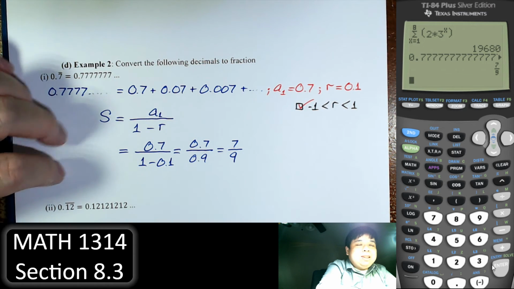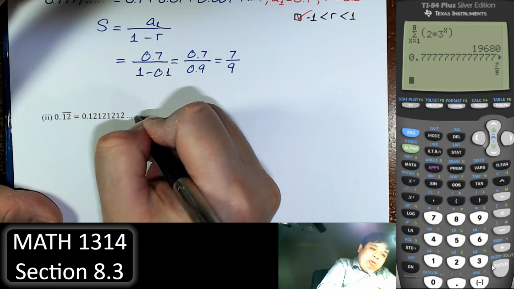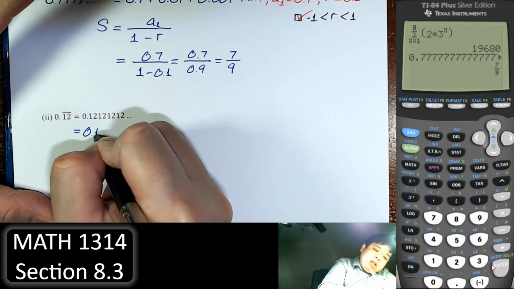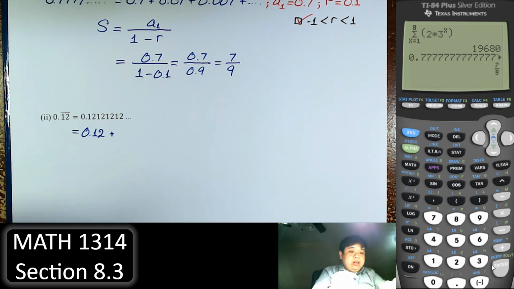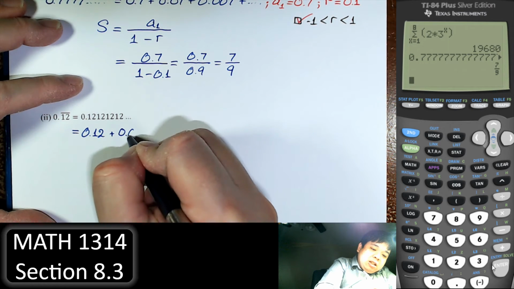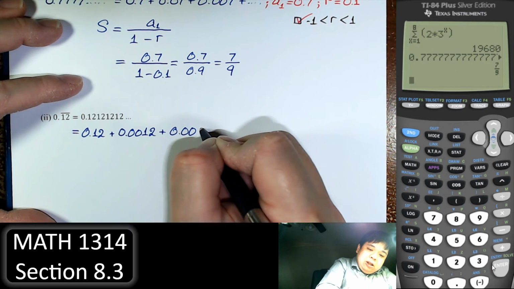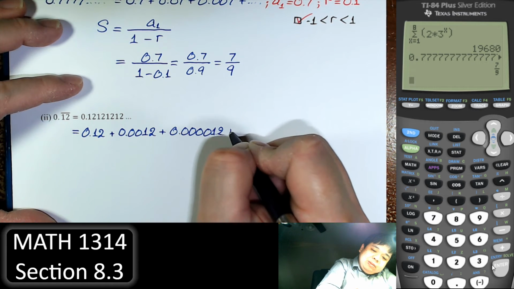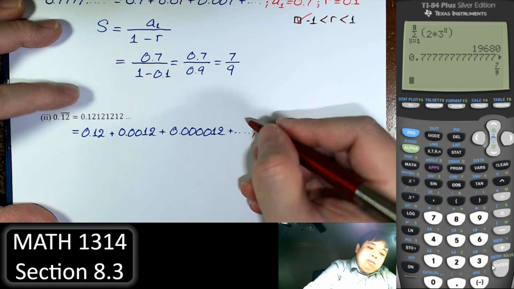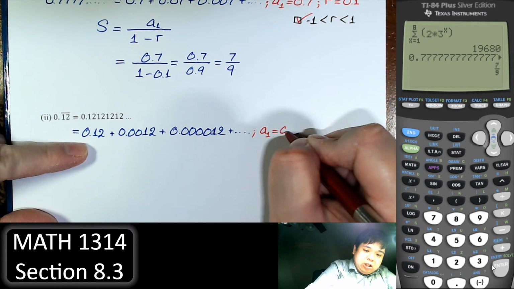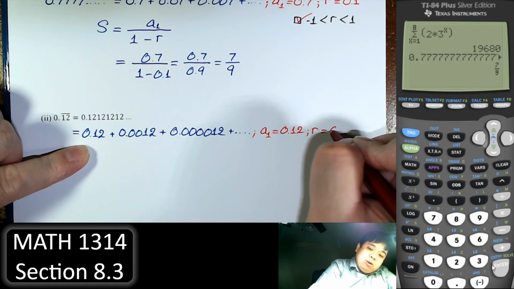Next, if we rewrite this as 0.12 repeating, this time we have 2 digits repeating, so we skip 2 zeros. Differently, this time the first term is 0.12. The common ratio though is 0.01.